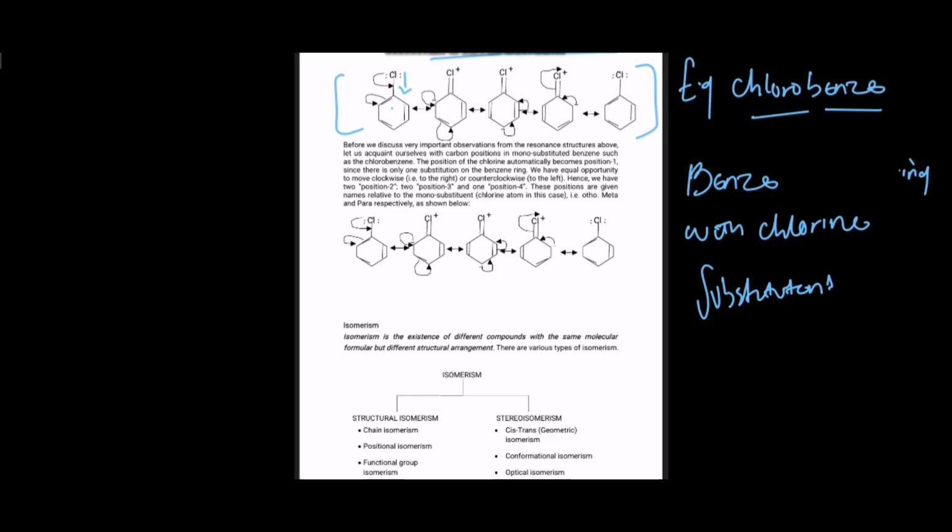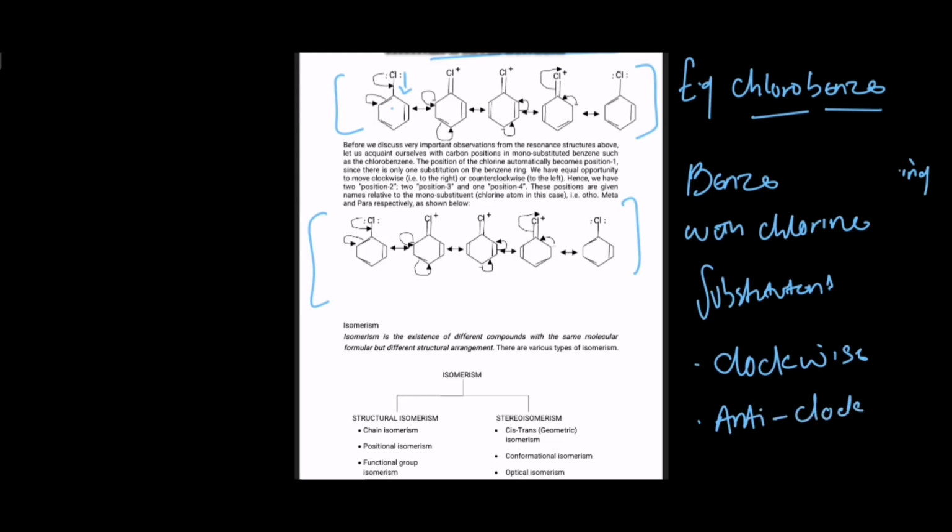Now we can look at this benzene ring in two directions. We can look at it from the clockwise direction, that is to the right, and also anti-clockwise, that is to the left.